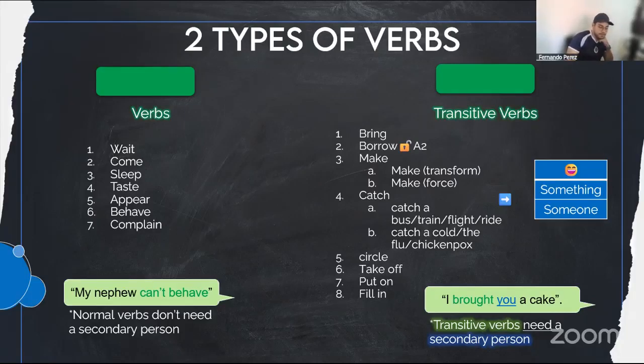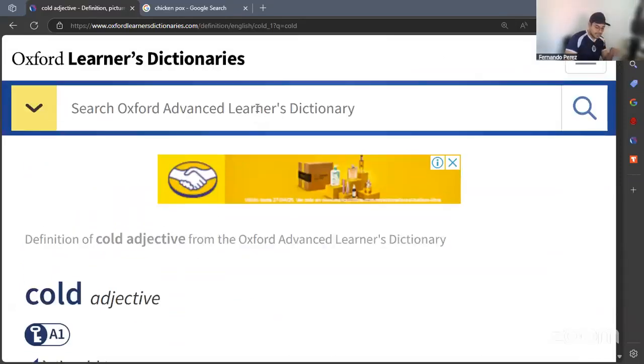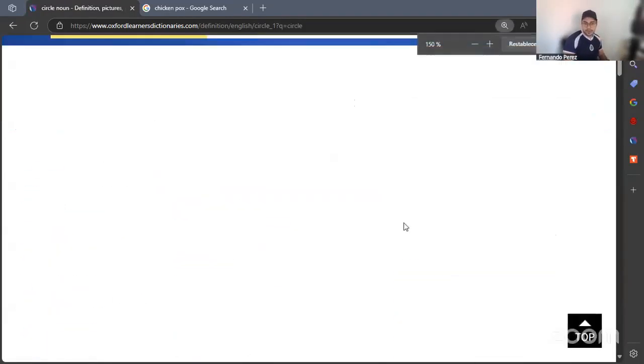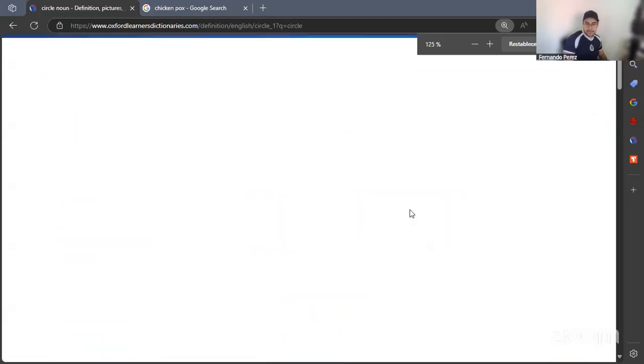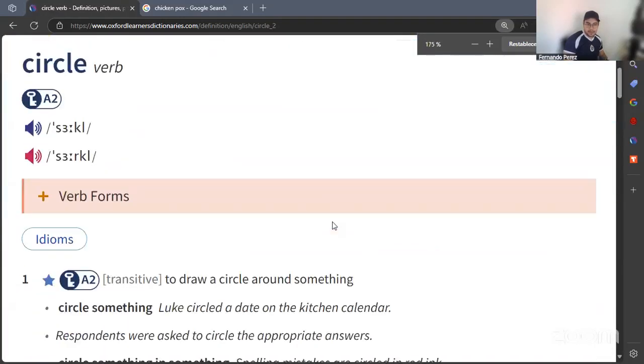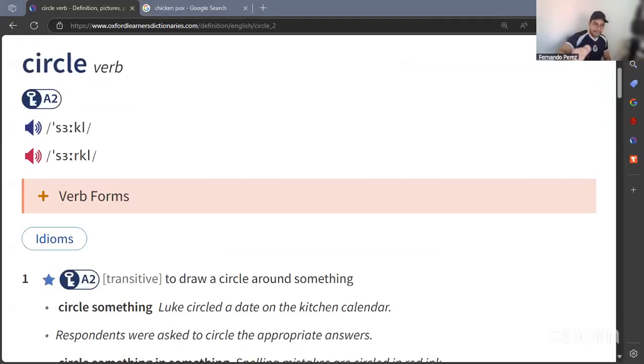Circle, the action you do in an exam. You circle the correct option. Circle the picture, no? With a pencil, you circle, right?